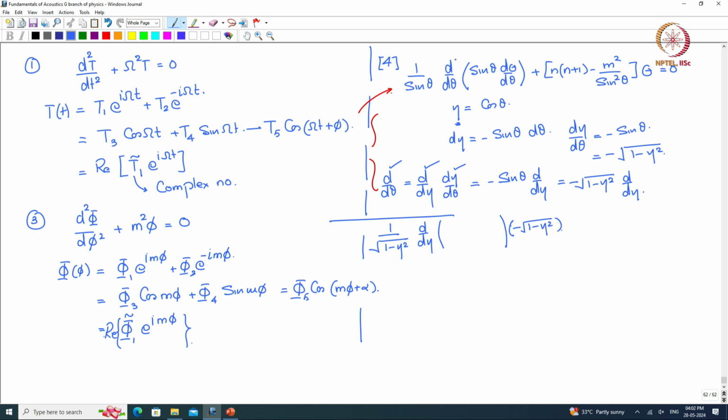Okay. So this d by d theta has ended up as d by d eta, and this minus square root of 1 minus eta square outside. So what's inside we still have to deal with. So we have sin theta inside, which is square root of 1 minus eta square, and d theta d eta, and one more minus square root of 1 minus eta square.